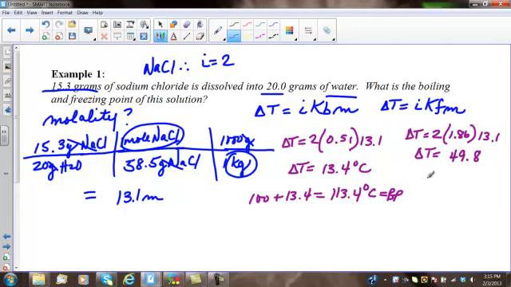If water freezes at 0 degrees Celsius, this is going to depress it. So the freezing point would be equal to negative 49.8 degrees Celsius.